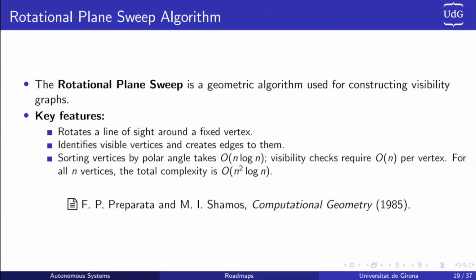Okay. Then let's try to present a little bit better algorithm, the rotational plane sweep algorithm. This algorithm does almost the same, and you will see that you have to do more steps in each iteration, but you have to do fewer iterations.